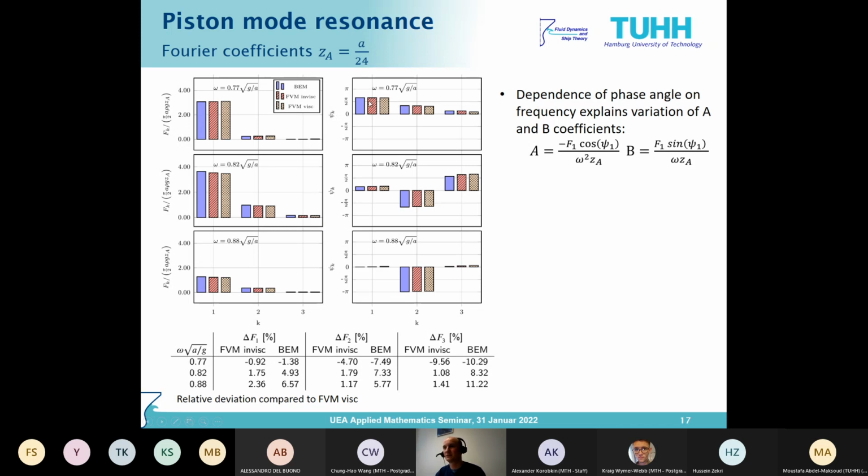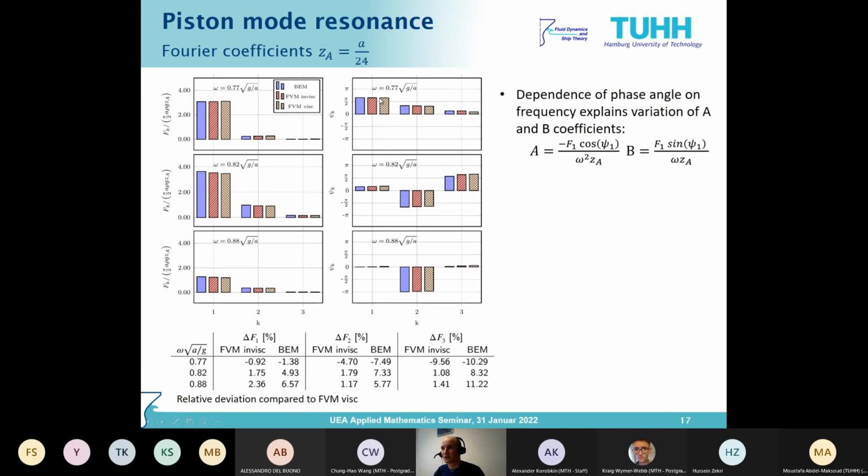For example, at the low frequency it's above half pi, and then it becomes zero. It changes with the frequency, and from this formula, the formula yields a negative A if this angle is below half pi.